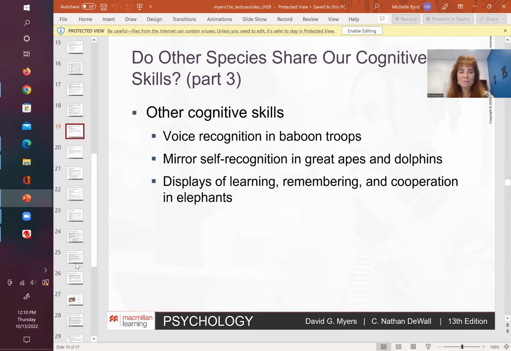Another thing, especially we see a lot of this: elephants are very good at remembering. We've all heard that. And they are very cooperative, and they have a lot of empathy for their young.